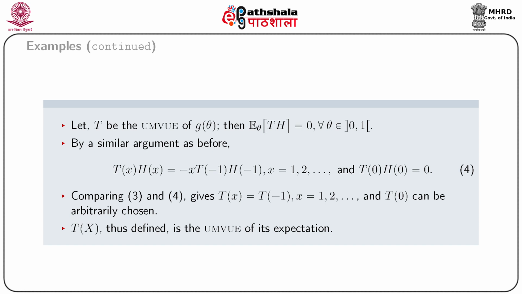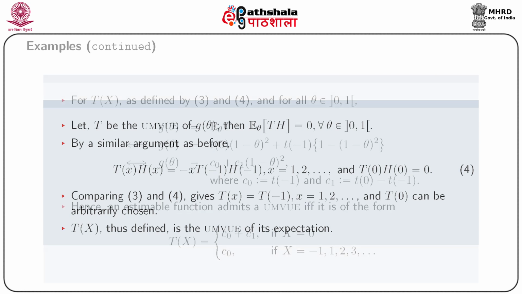We write this as equation 2. Comparing equation 1 and equation 2, we get T(x) = T(-1) for x = 1 up to infinity, and T(0) is arbitrary. T(x) thus defined is the UMVUE of its expectation.